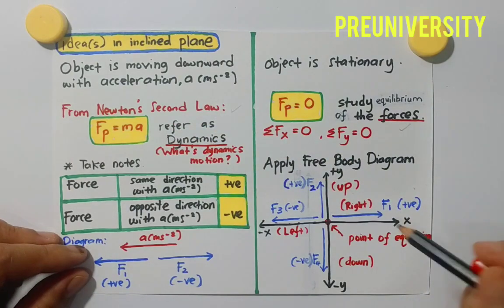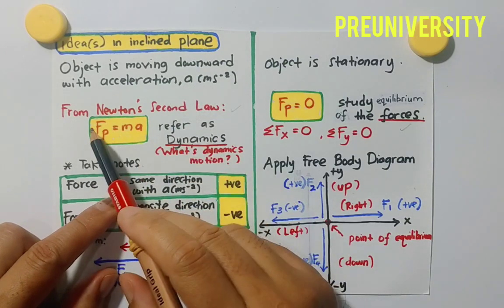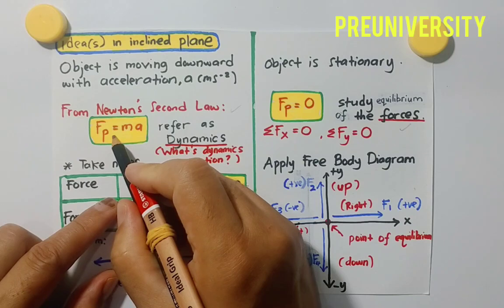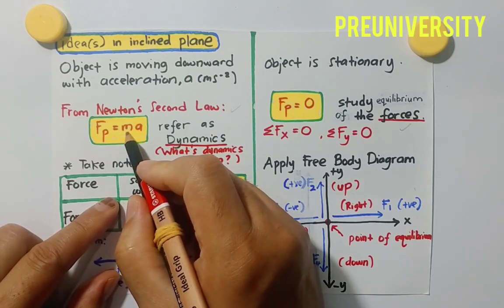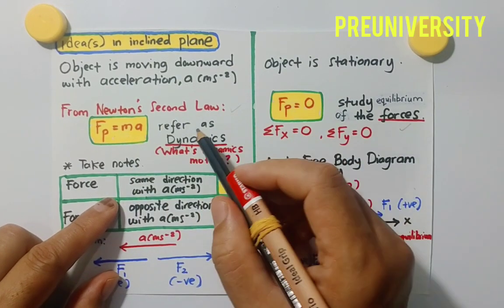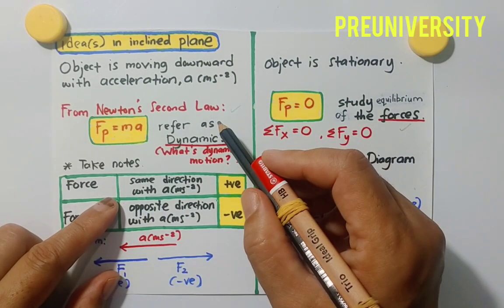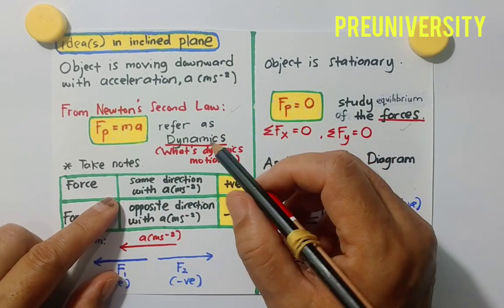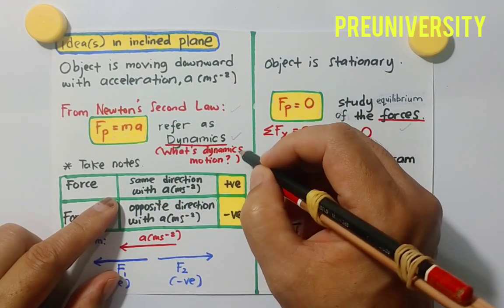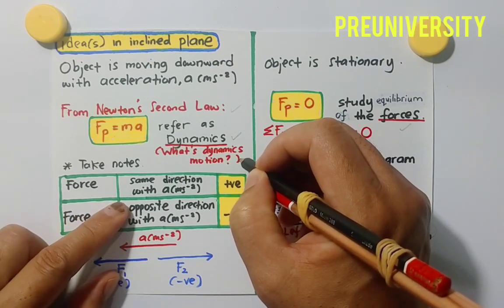The object is moving downward with acceleration A. From Newton's second law, the resultant force is equal to the mass times the acceleration, or ma. If the object is moving with acceleration, that means we refer to it as dynamics. So actually what is dynamics? Dynamics is where we study the motion with the force.